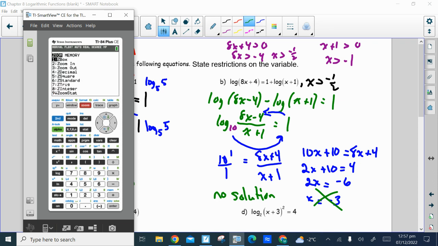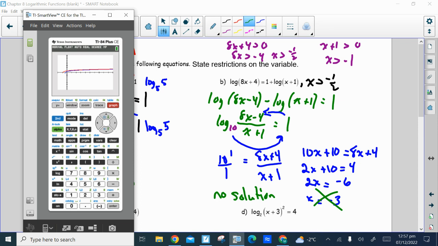So zoom 6 to set our windows to their standard settings. And it's kind of hard to see, but these two graphs will not cross. If we change our windows a little bit, so I'm going to go from negative 2 on the x-axis to positive 10, hit graph. That's a little bit better. It's still not 100% clear that these two graphs don't cross.